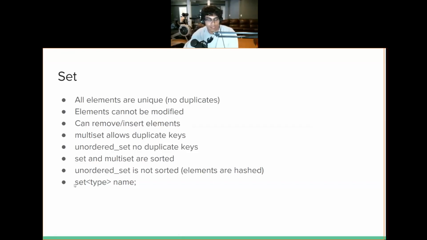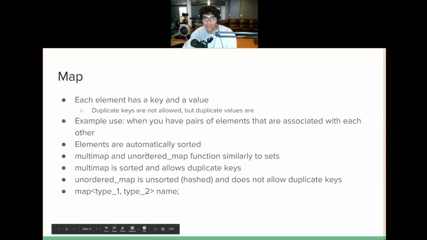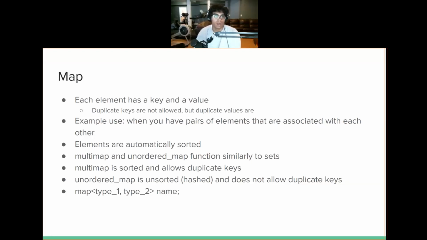And then to declare a set, whatever one it is, you just put set and then in angle brackets the type of set you want, and then the name of the set. And then maps. Maps are kind of similar to sets. But the key difference between a map and a set is that a map has a key and a value.